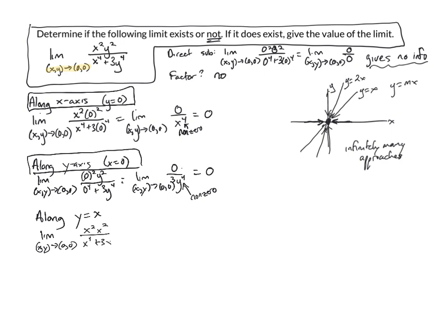So I'm going to replace all the y's with x's, and now that cleans up a little bit, and I end up with x to the 4th over basically 4x to the 4th. And these now do cancel, which means that this becomes the limit as x, y goes to 0, 0 of 1/4. No x's and y's left.